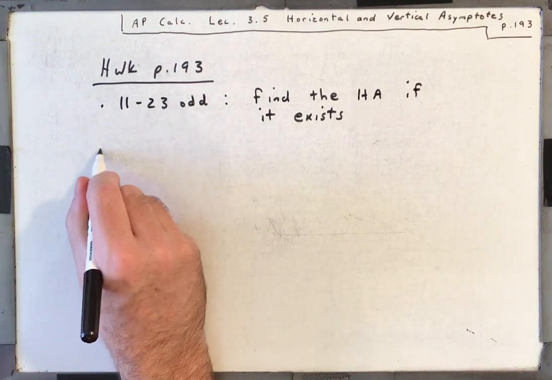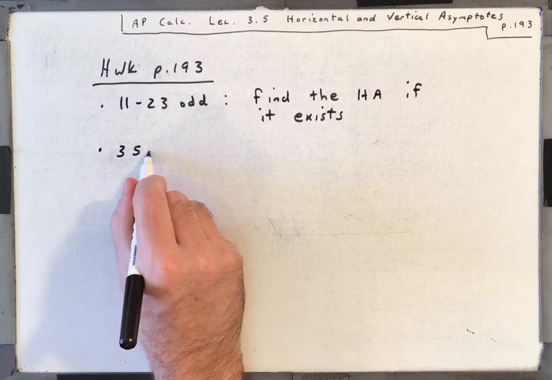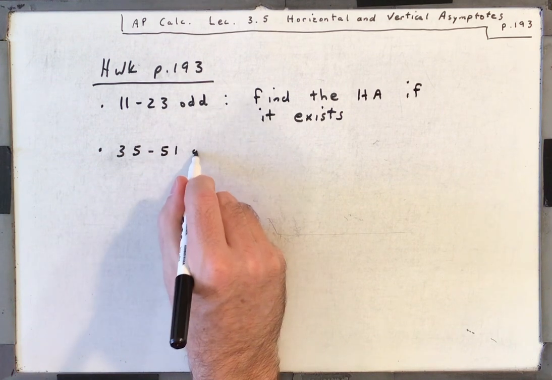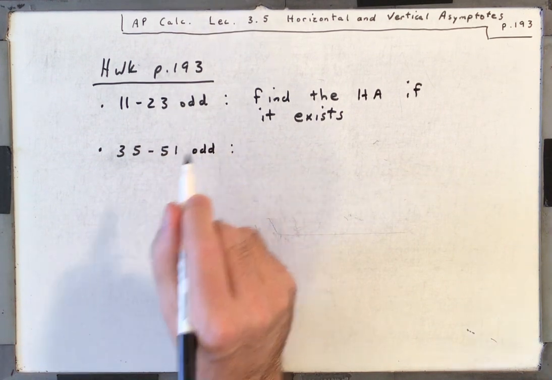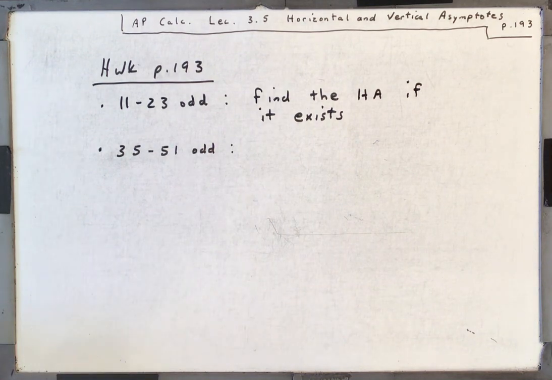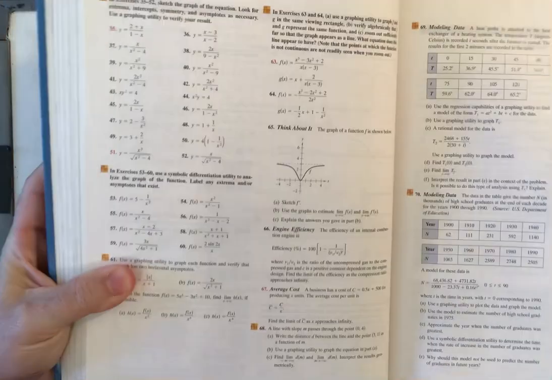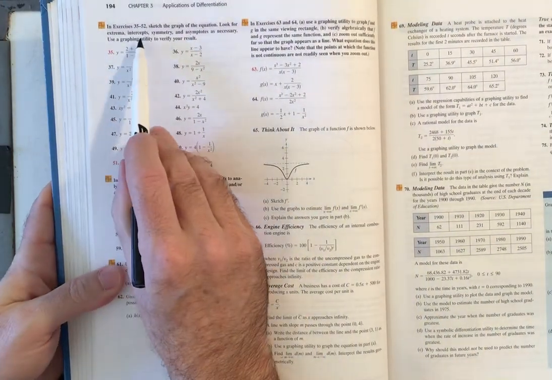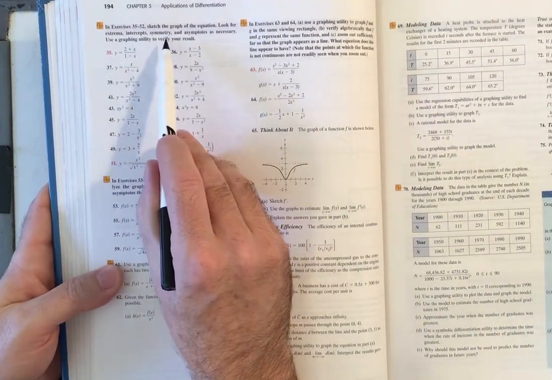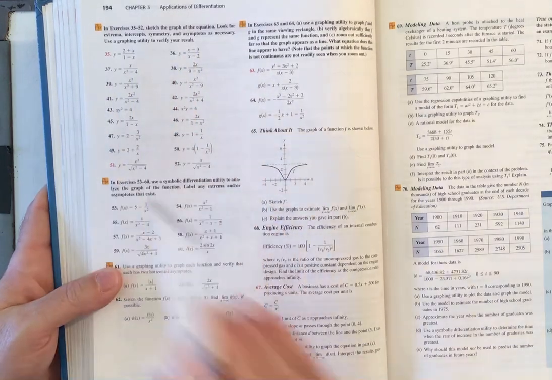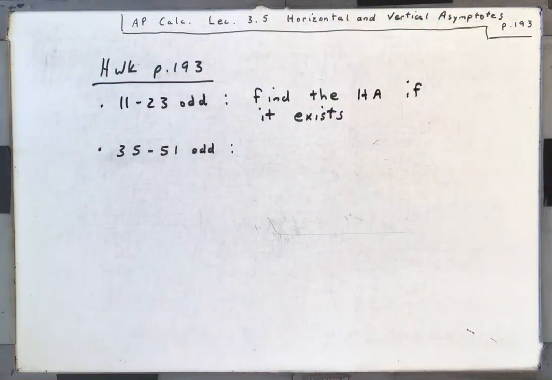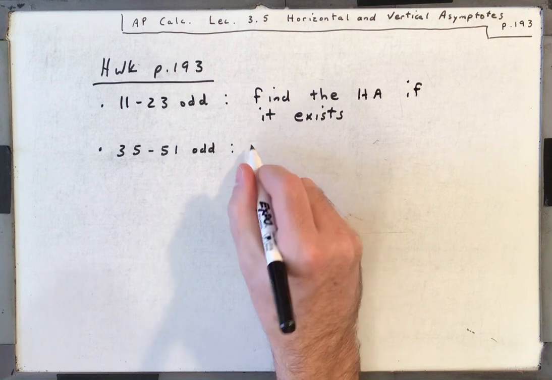Then 35 through 51 odd. For those, it tells you to do a whole lot of work I don't want you to do. I only want you to find the asymptotes. Don't go through that whole thing.